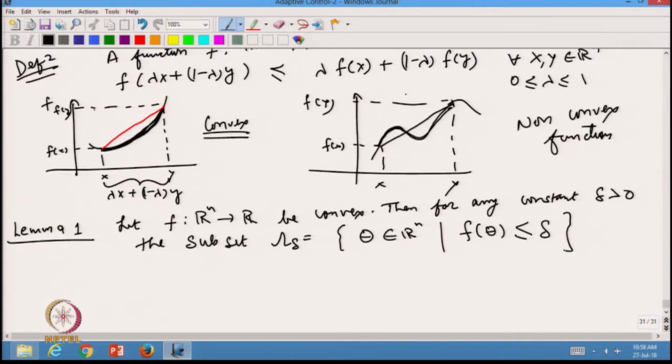Okay, so this is how this set omega delta is defined. So if this function f is convex, then this set is a convex set.